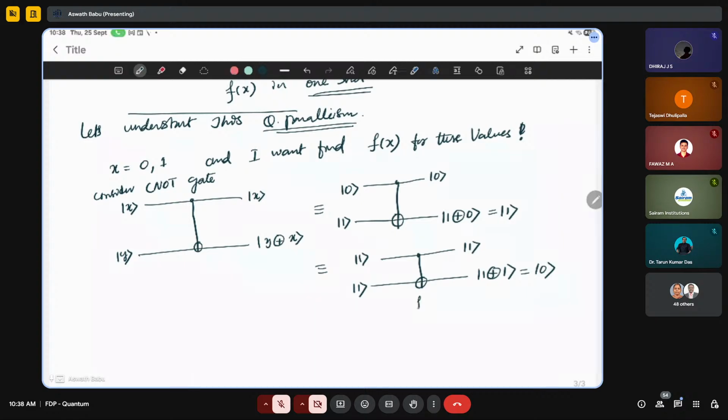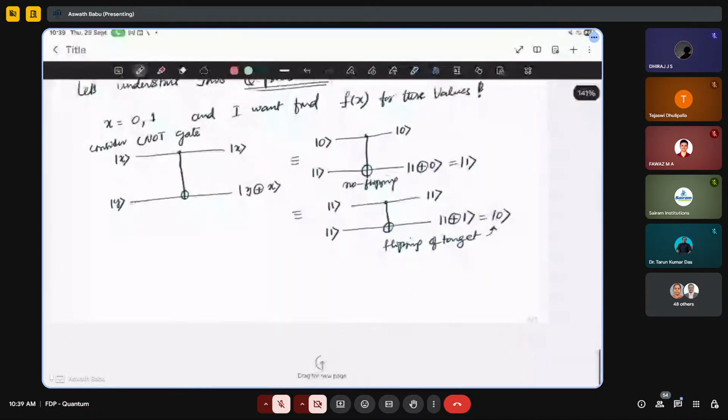The flipping of the target leads to this, with no flipping in the previous case. So the control commands whether to flip the target or not. As of now, we got that.